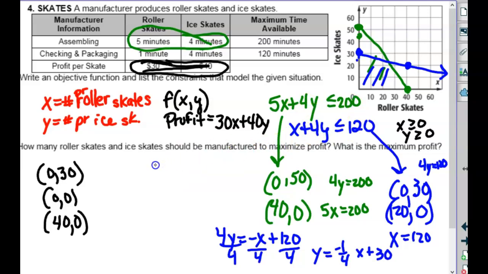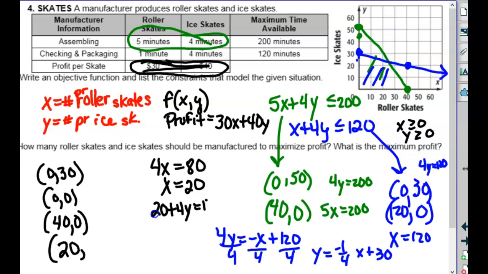By subtraction, you would have 4x equals 80, right? 5x minus 1x would be 4x. 4y minus 4y would be 0. 200 minus 120 would be 80. So I get x is 20. And if I put it back in, maybe the bottom one, 20 plus 4y equals 120. I'd have 4y equals 100, y equals 25.